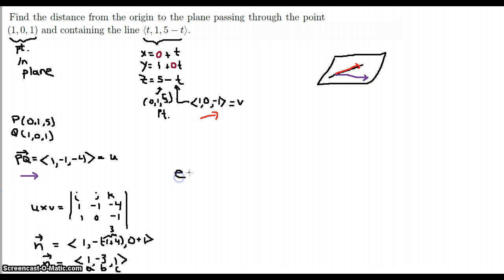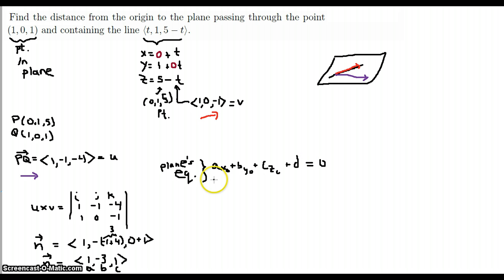So the equation of the plane is found by taking A x naught plus B y naught plus C z naught. And we just have to figure out what D is now.